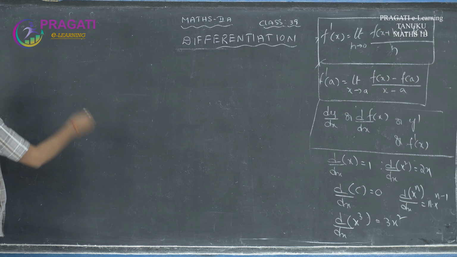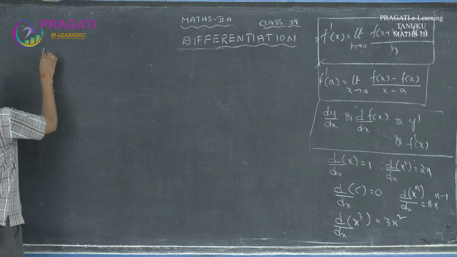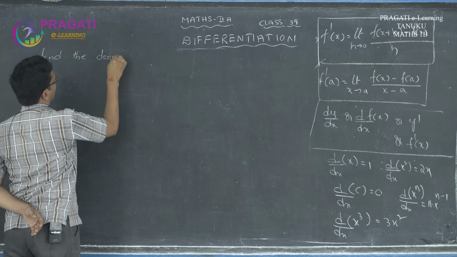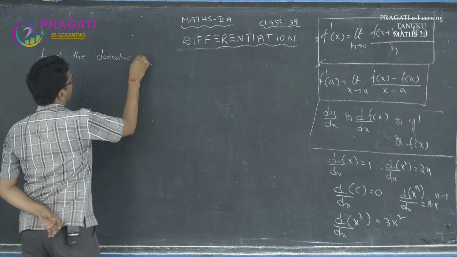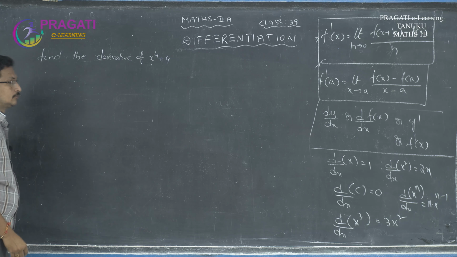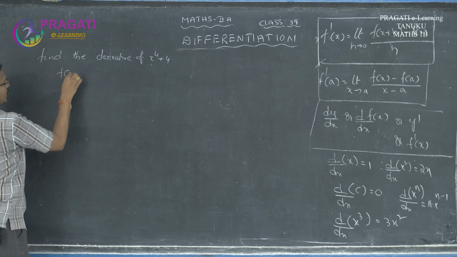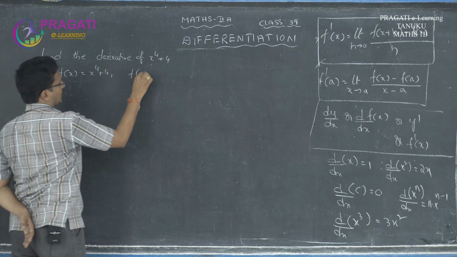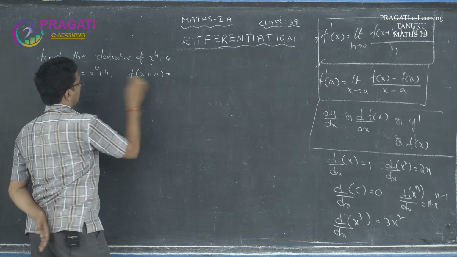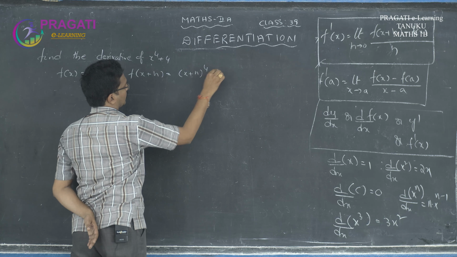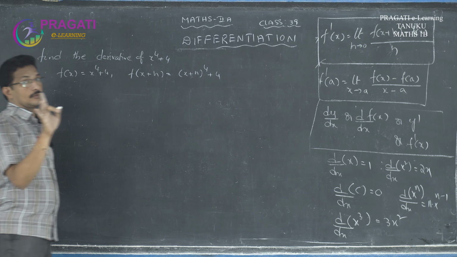Okay, the next problem is find the derivative of x power 4 plus 4. Here f of x equal to x power 4 plus 4. What is f of x plus h? To replace x by x plus h, then x plus h whole power 4 plus 4. It is only the number 4.